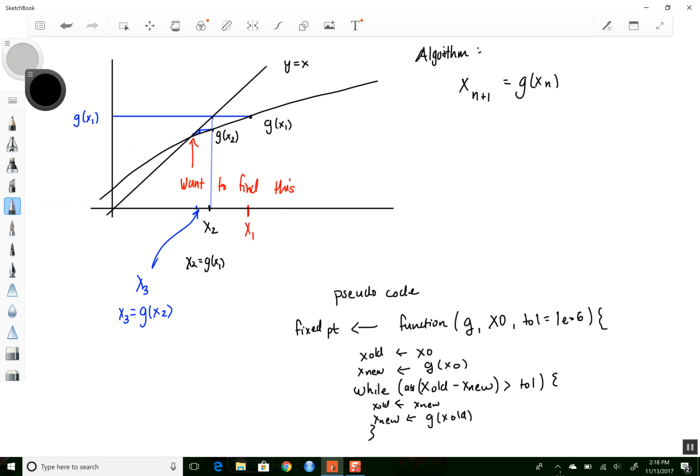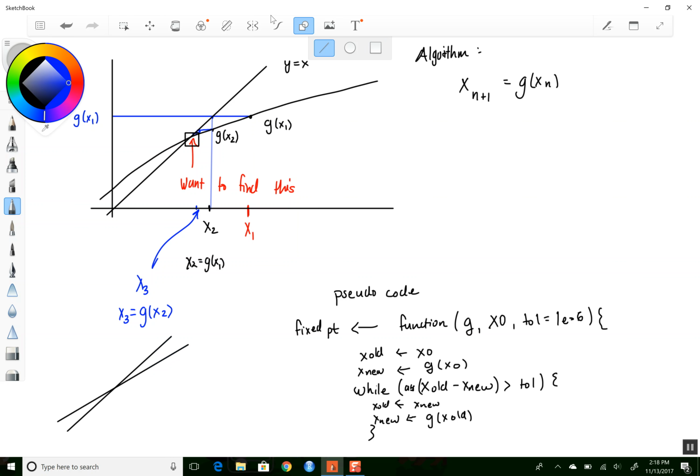And if I zoomed in right here, you would have this line and this line, and an even tighter little version of this kind of action. And then we could further zoom in here, and it would just continue on ad infinitum, right?